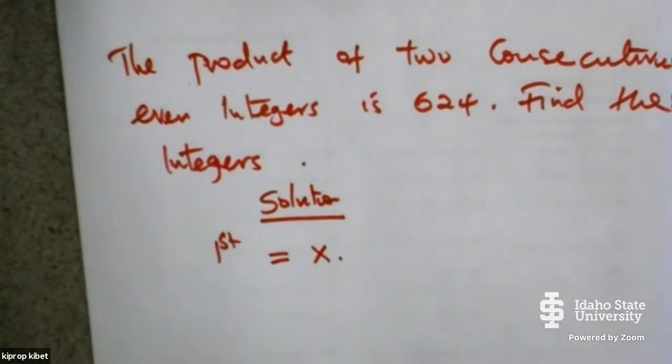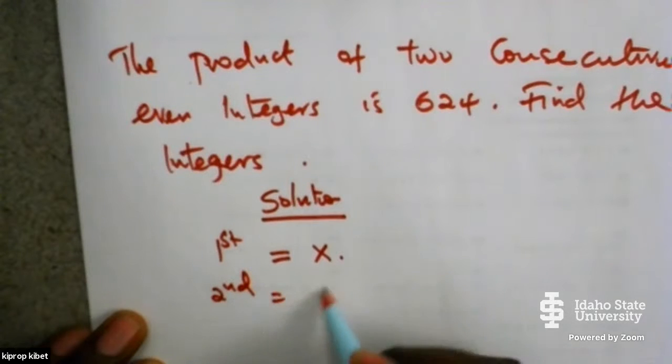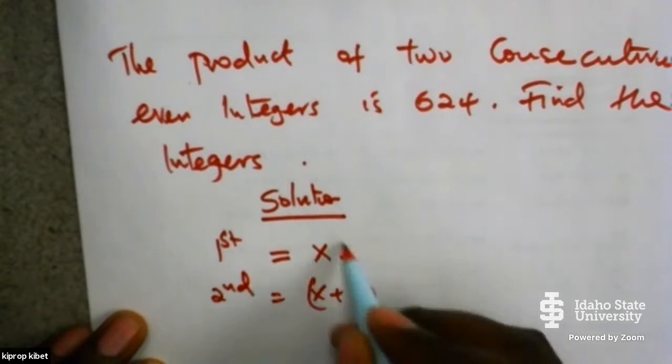It says even, so to get the next even integer, you add 2. The second one is x plus 2.